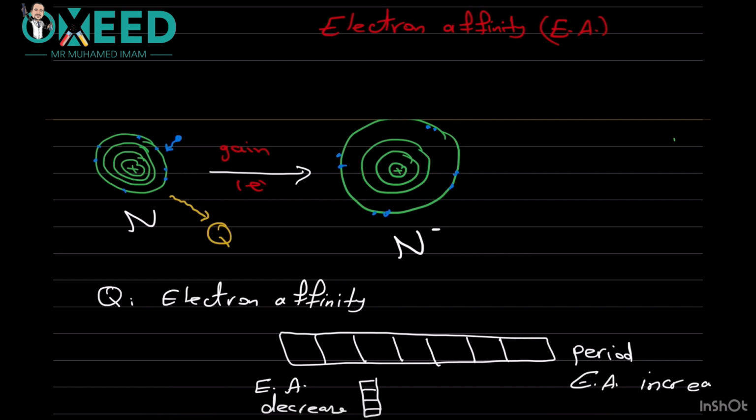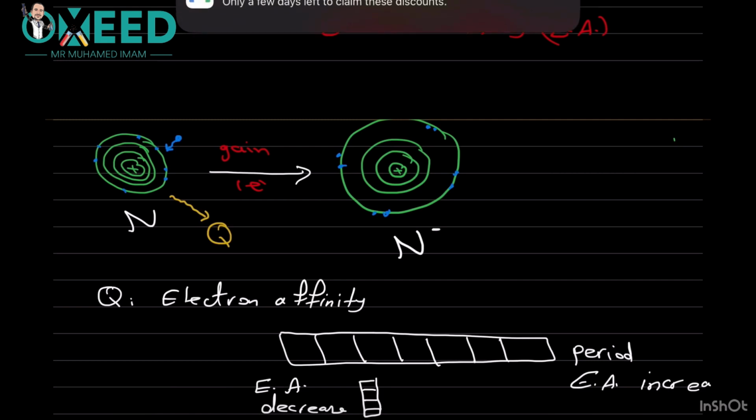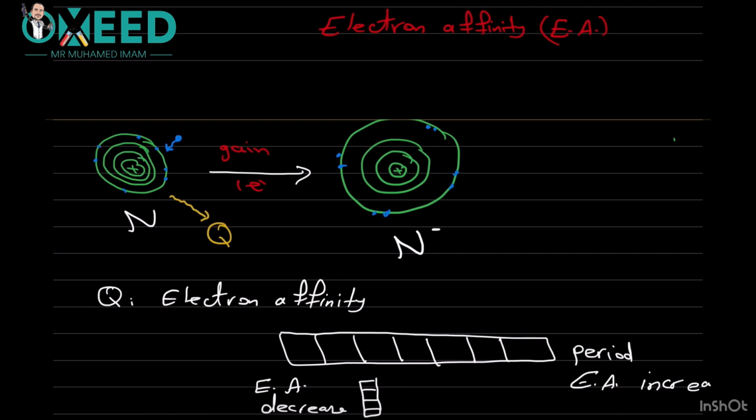And the reason is the atomic size. By increasing the atomic size, like we studied before, when it gained electrons, the atomic size increased. So the electron affinity will increase by decreasing the atomic size because the attraction force increases also. So the gained electrons will be exposed to a stronger repulsive force.